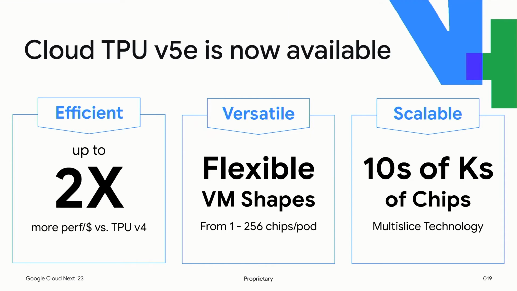And today, I am thrilled to announce that the TPU v5e is available as a preview in GKE. v5e offers up to 2x more performance per dollar for training workloads compared to our previous generation of TPUs. v5e is designed to offer highly flexible VM shapes to perfectly fit your diverse workloads. And our multi-slice technology enables v5e to power massive ML workloads that scale to tens of thousands of nodes.